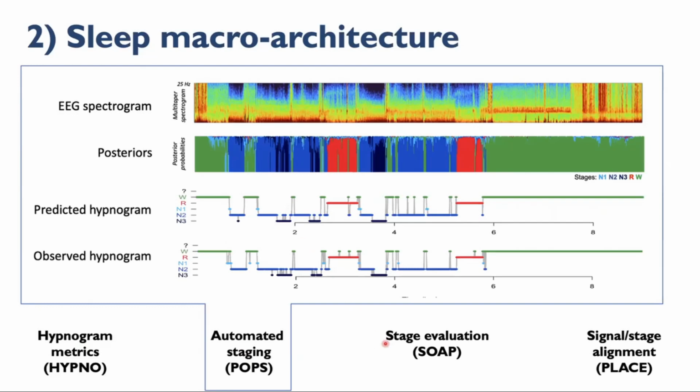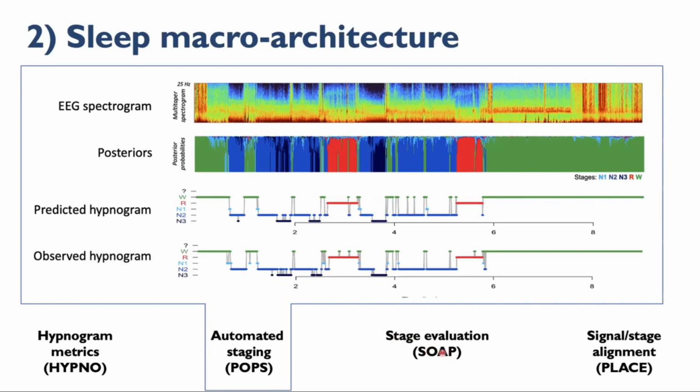If staging data do exist, the SOAP command can empirically evaluate the consistency of the staging against one or more signals, potentially identifying some bad staging data, for example, if the file was saved with the wrong name or was corrupted. It does this by fitting a simple model to the data and seeing how well it can recapitulate the observed staging epoch by epoch.